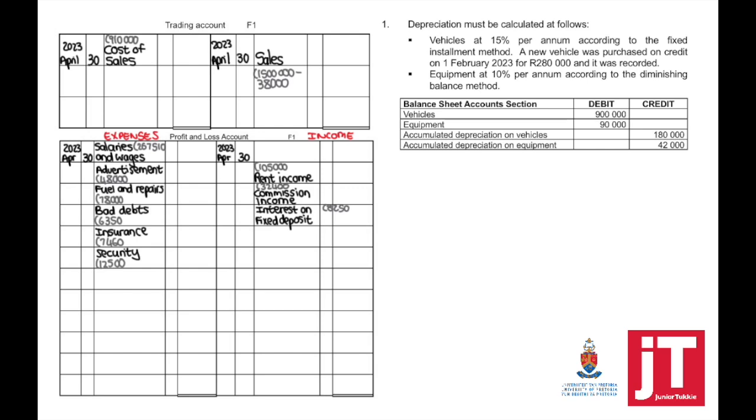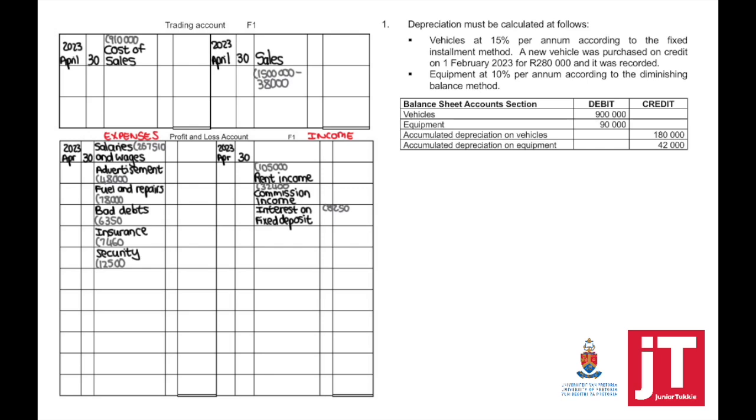We can start now by looking at the first adjustment. Depreciation must be calculated as follows. Vehicles at 15% per annum according to the fixed installment method. A new vehicle was purchased on credit on 1 February 2023 for $280,000 and it was recorded.